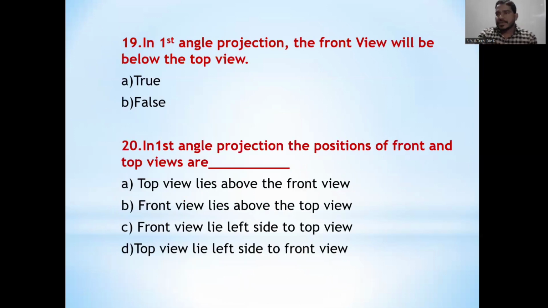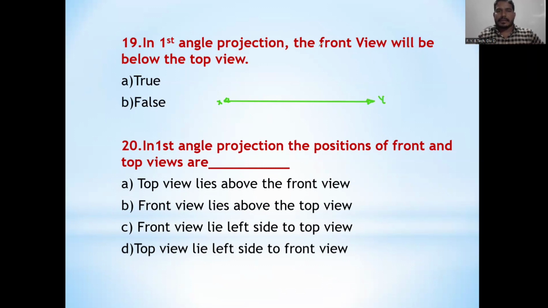In first angle projection, the front view will be below the top view. Okay, so again, first of all, let us understand how the views will be. Suppose this is the reference axis XY.